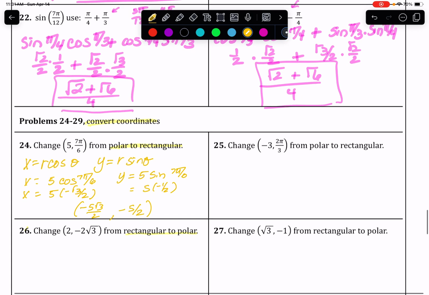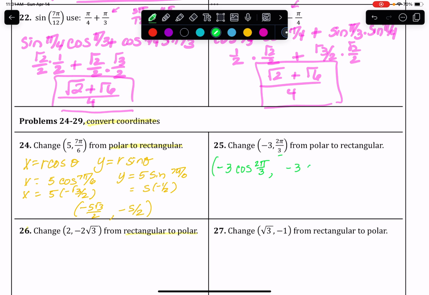Let's go to number 25. We have negative 3 as r and 2 pi over 3 as theta. So this would be negative 3 cosine of 2 pi over 3 and negative 3 sine of 2 pi over 3.